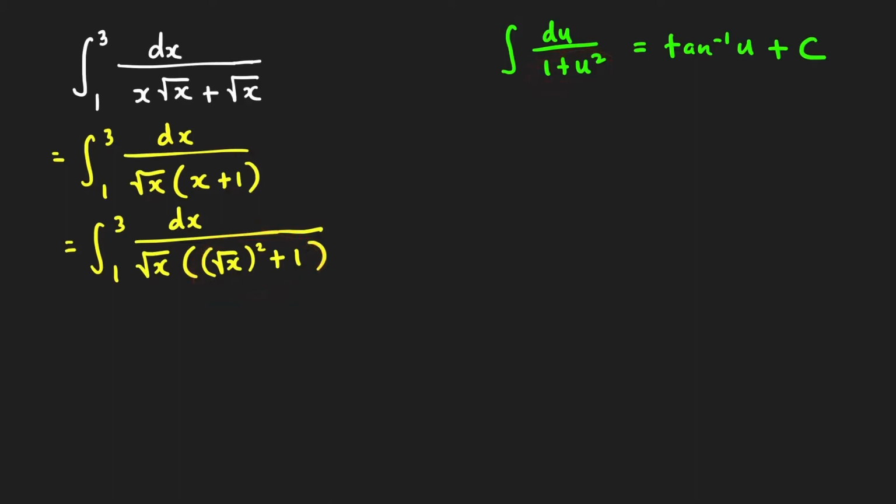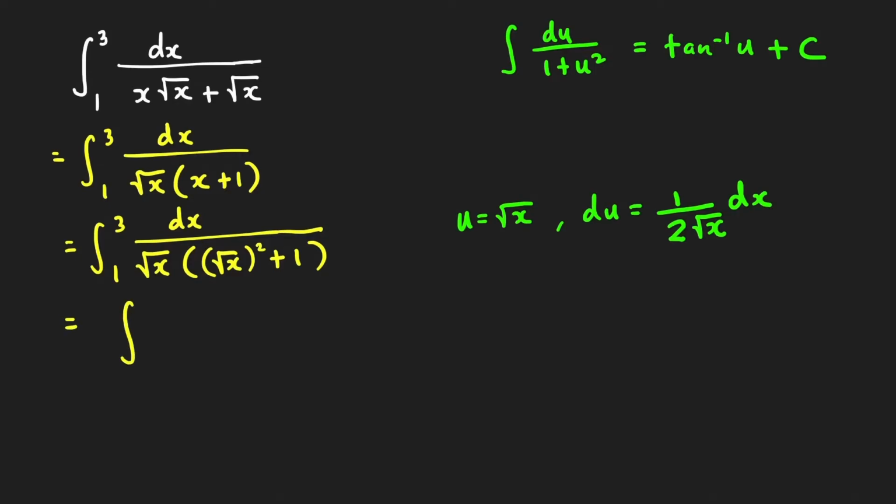So when we let u be equal to square root of x, then our du is equal to 1/2, just ordinary power rule, 1/2 x raised to negative 1/2, which is 1 over 2 square root of x, and then dx.